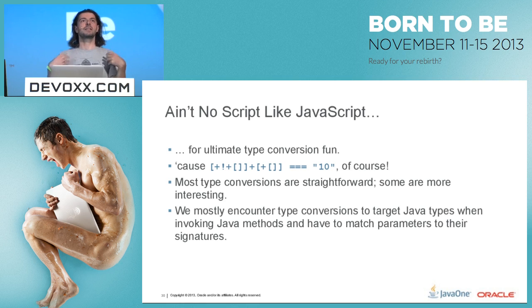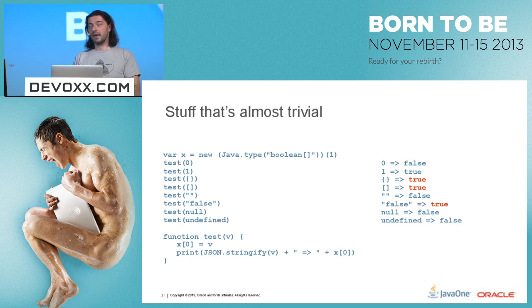So when I say type conversions, what do I mean? I mean converting to Java primitive types and to Java strings, so to Java ints and Booleans and doubles and strings and arrays and lists and maps. And this usually happens when you're invoking a Java method on a POJO, and it has a parameter list with its types, and you need to coerce the incoming arguments.